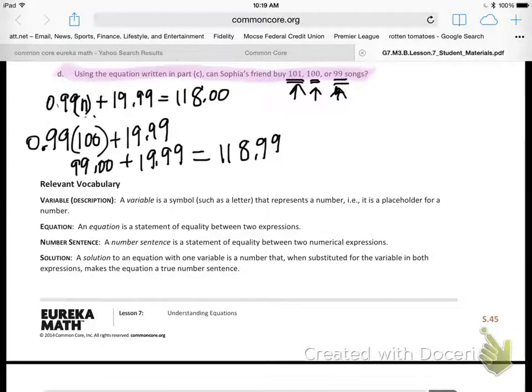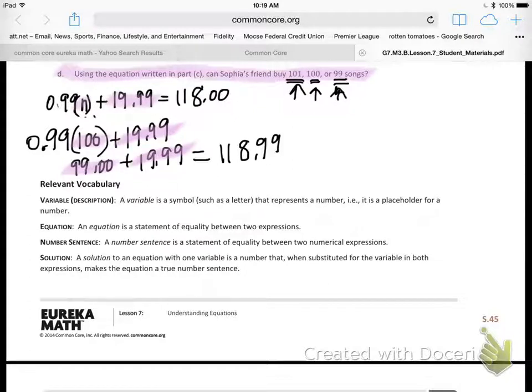So a good way, if you're given a problem such as this, where you have three to test here, is to maybe test one in the middle, which I did. I tested 100. And when I did test 100 by plugging it in, I substituted, of course, 100 for n, and then 0.99 times 100, of course, is 99. And then I add my 19.99 because that's part of our equation right there.